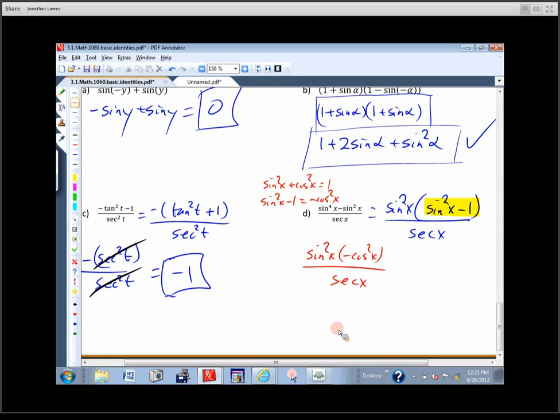Okay, now, last thing we have to do here is simplify this a little bit further. Let's turn that into a 1 over cosine. So this is negative sine squared x cosine squared x over 1 over cosine x. And if I flip that over and I multiply, that puts the cosine x on the top. So here's what I've got. This is my final answer on this problem. Negative sine squared x cosine, how many cosines do I have? Cosine squared times cosine cubed x. There's our answer. Okay?